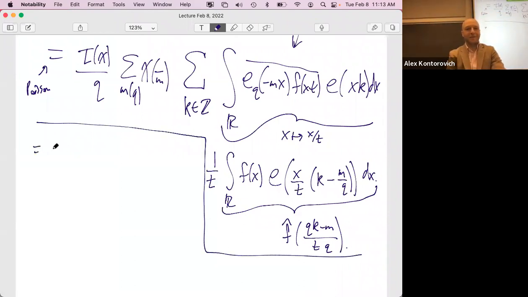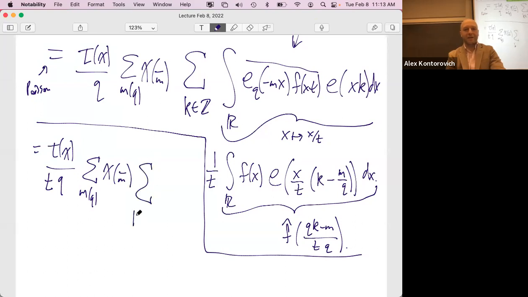Okay. So all together now, what do we have? Tau of chi, the Gauss sum, over q, a sum over m mod q. We're going to take the 1 over t out. Chi of m bar, and then a sum over all k of f hat of (qk minus m) over tq.